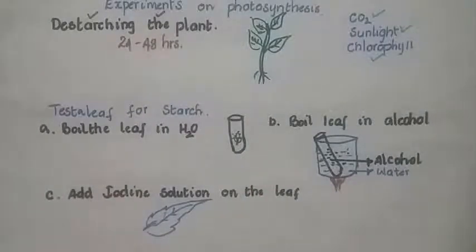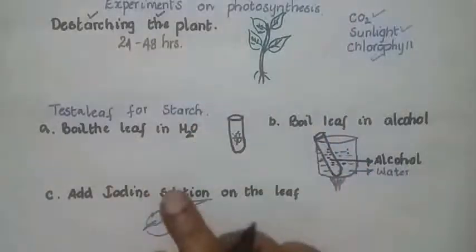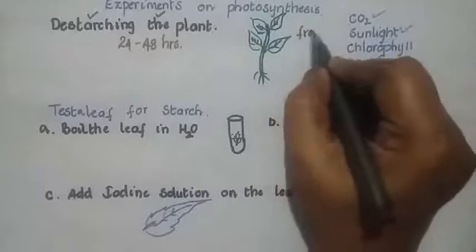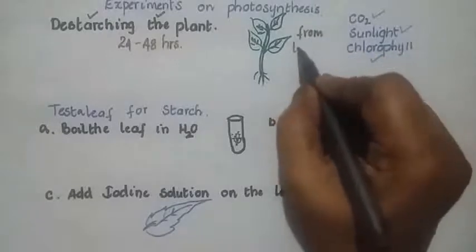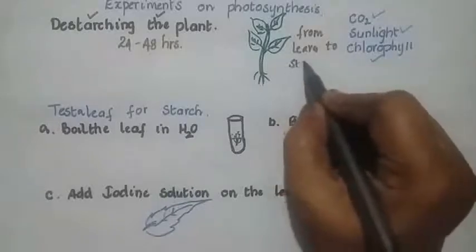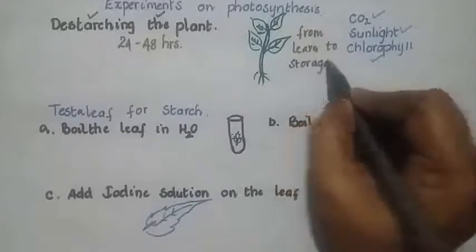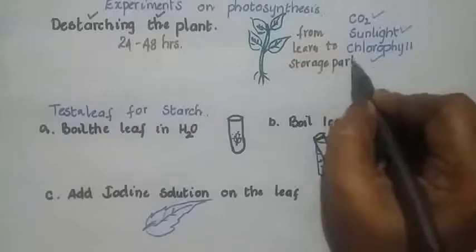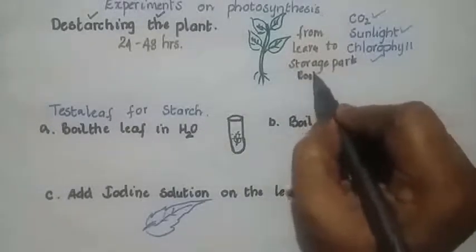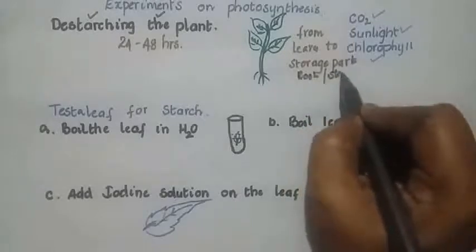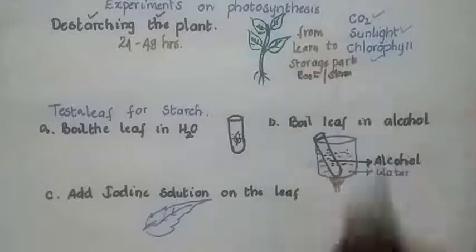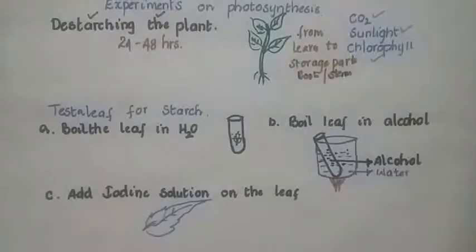Destarching the plant means the removal of starch, very clearly, from leaves to the storage parts of the plant. What is the meaning of storage parts of the plant? It is nothing but roots followed by stem. Or in simple words, you can say making the leaves free from starch.